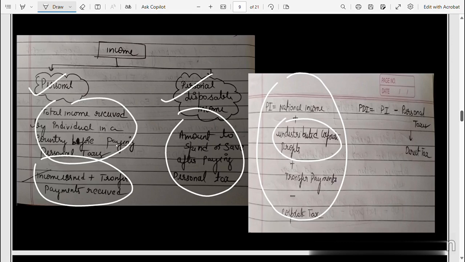Then plus transfer payments, and corporate tax has not been included, so we deduct corporate tax from here. So personal income is equal to national income plus undistributed corporate profits plus transfer payments minus corporate tax. Whereas personal disposable income includes money after paying tax, so personal income minus personal tax paid. So simple, right?